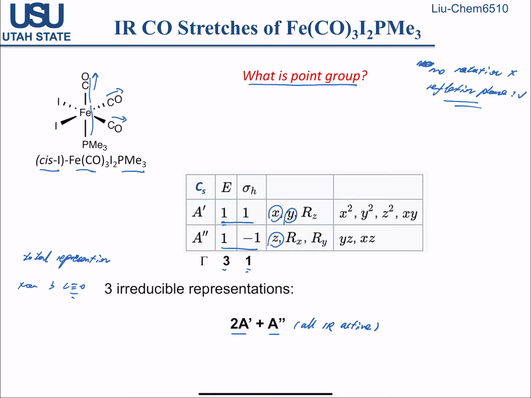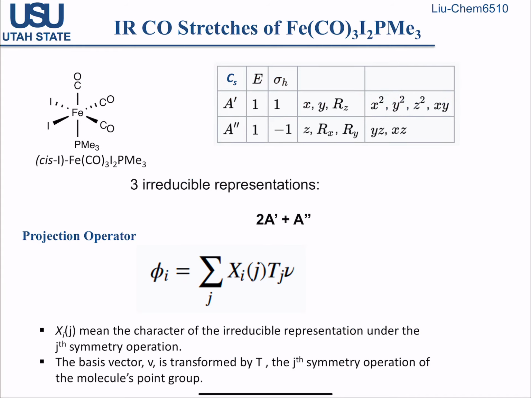Okay, so then let's look at what are they. Then you can do the same thing. You can use a projection. Right now probably it's better to do projection to figure out how each individual CO stretch contributed to the A1 prime mode and A double prime mode.